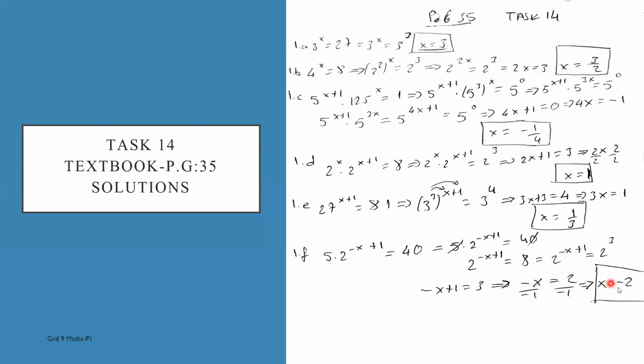Then x will equal negative 2, because negative x divided by negative 1, guys, negative divided by negative will be positive, so x will be positive. 2 divided by negative 1, positive divided by negative is going to be negative, so the answer is going to be negative 2.